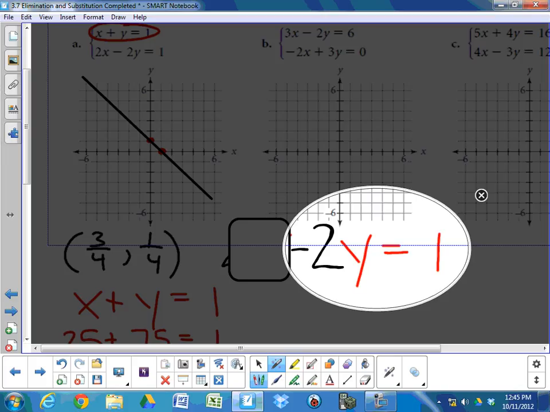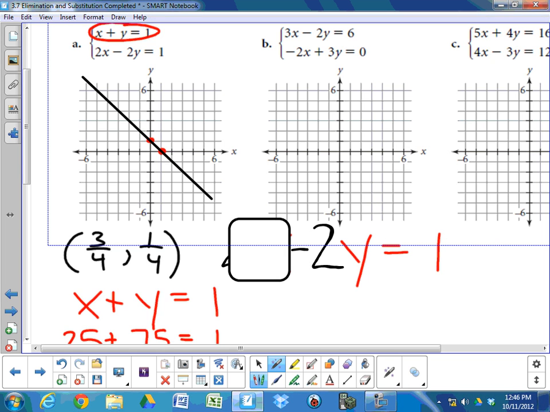If I asked you to solve for that, what would y equal? If I said, get y by itself in this spotlight, what would you do to both sides? Divide by negative 2. Go ahead. What would y equal? Negative 1/2. So that means the first intercept is 0, negative 1/2.